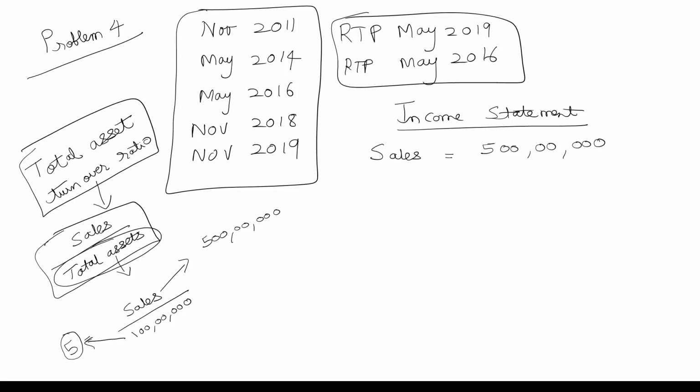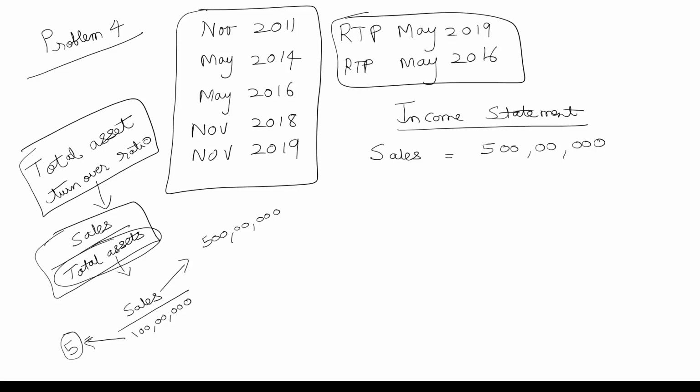So just like the discussion we had in problem 2, when we looked at the capital turnover ratio, here also an increasing total asset turnover ratio would indicate better efficiency in usage of assets. For example, let us say this year the total asset turnover ratio for this company was 5 times, and next year let's say it becomes 7 times.